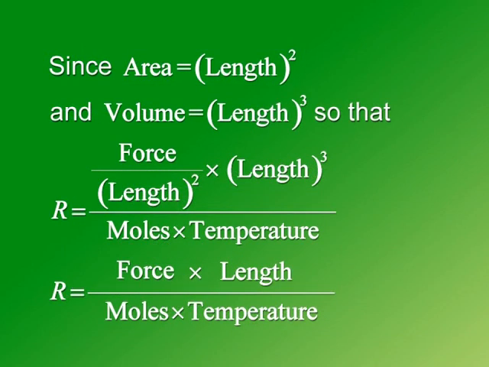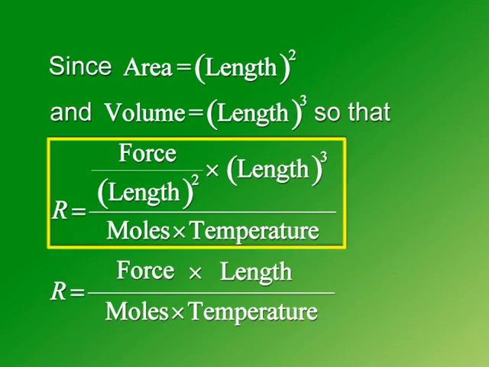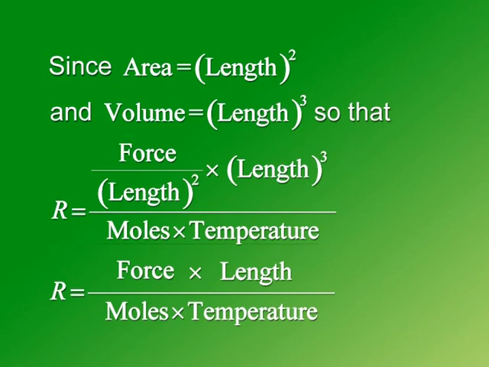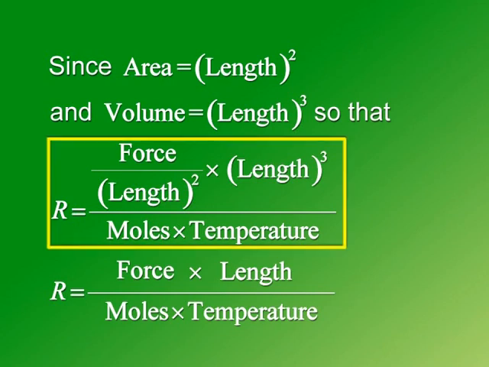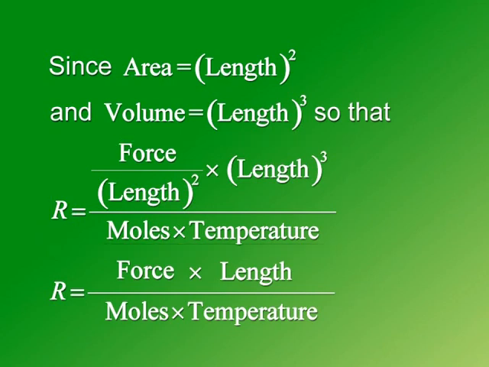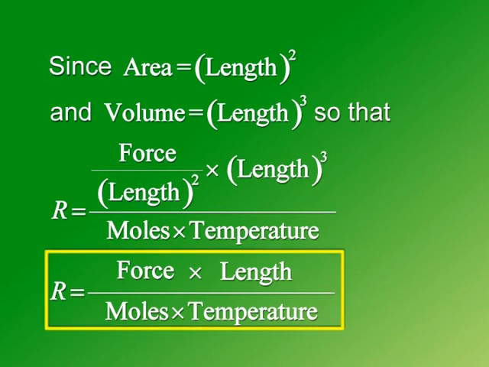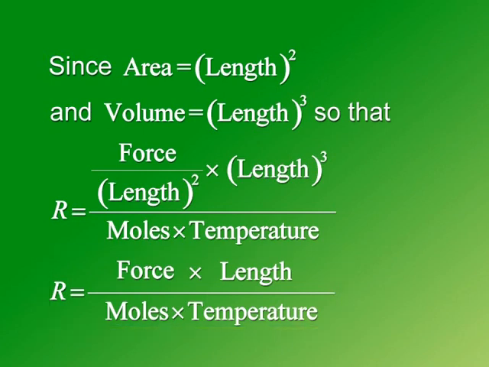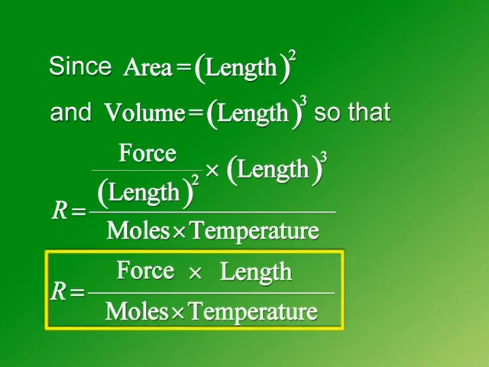Since area is equal to length square and volume is equal to length cube, so that R is equal to force multiplied by length cube divided by length square whole divided by moles multiplied by temperature, which is equal to force multiplied by length divided by moles multiplied by temperature.